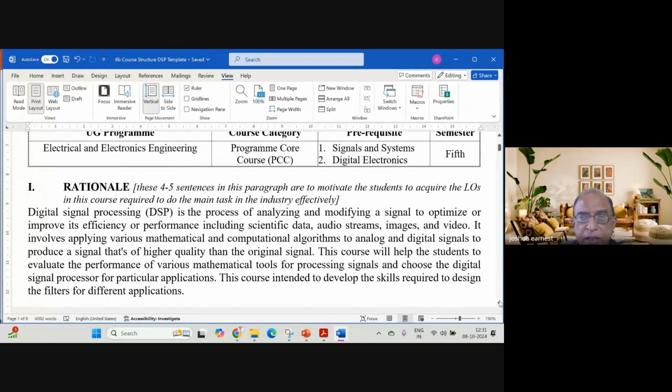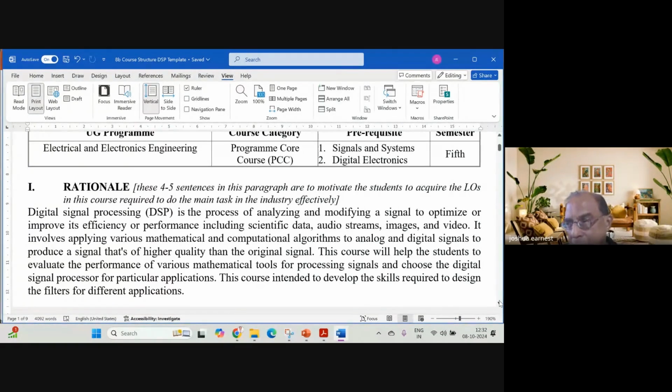That is why this rationale is given. They are telling where DSP is being used in the industry, in audio streams, images, video, and on the performance of the various mathematical tools, all those things. In short, in 3 or 4 sentences, you are motivating the student. So whichever faculty is developing this course structure, he or she has to write the rationale.